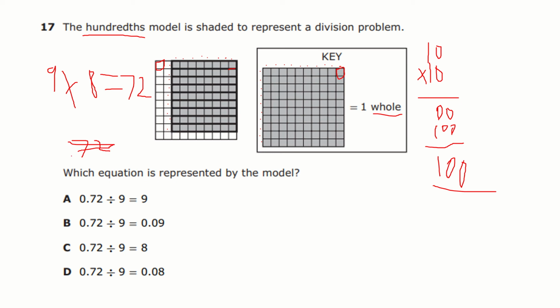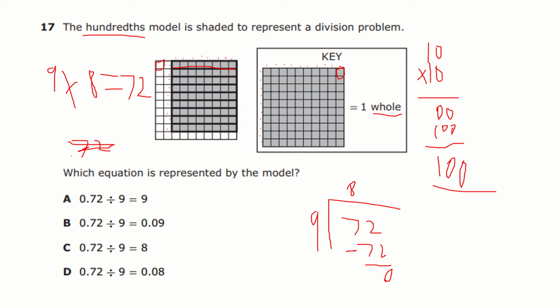Let me do that over here. 72 divided by 9 would be 8, meaning that in each row there are 8 blocks.